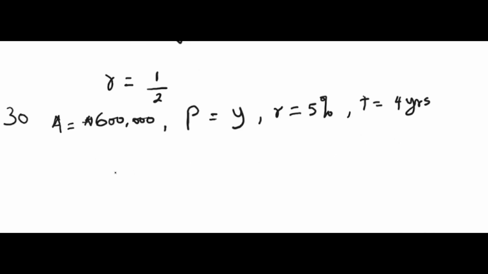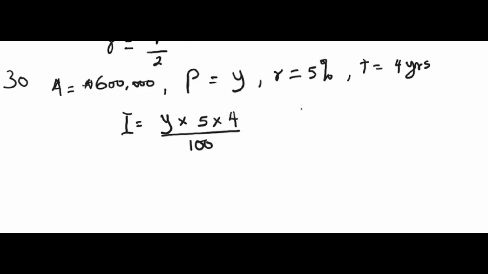Okay, now remember that this amount is principal plus what? Interest. So let's find interest. Interest is equal to principal Y times rate 5 times time 4 all over 100. Now the question is, what is interest?